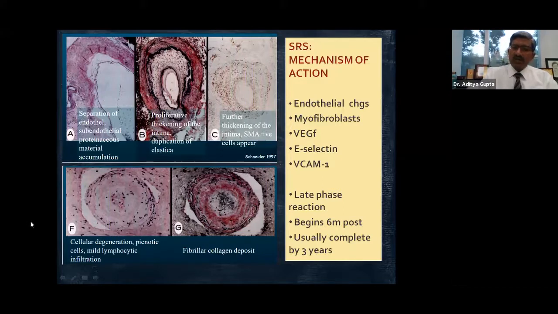And at the molecular level, molecular entities like vascular endothelial growth factor, E-selectin, VCAM1, among cells such as endothelial cells and myofibroblasts, are all implicated in this very interesting late phase reaction, which we use to the benefit of the patient whenever we do AVM radiosurgery.